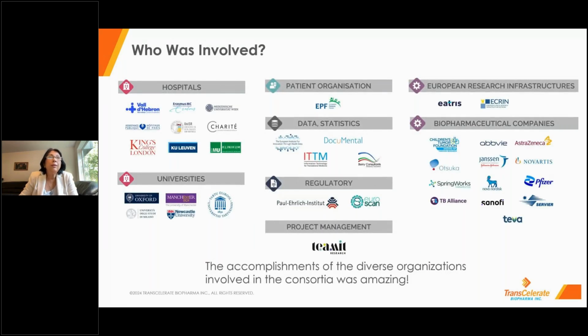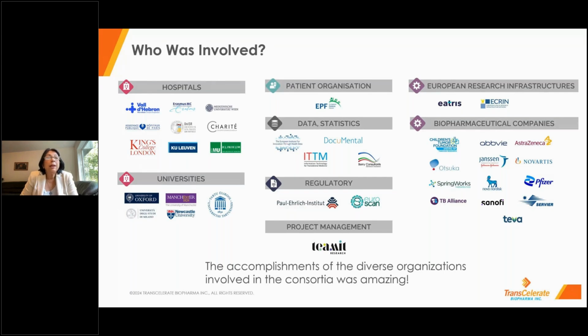So who was involved? As you can see, over 3 years, 36 leading organizations representing patients, clinicians, researchers, authorities, and industry had worked together to develop this generic framework and set of tools to facilitate the design, setup, implementation of patient-centric collaborative platform trials in Europe.